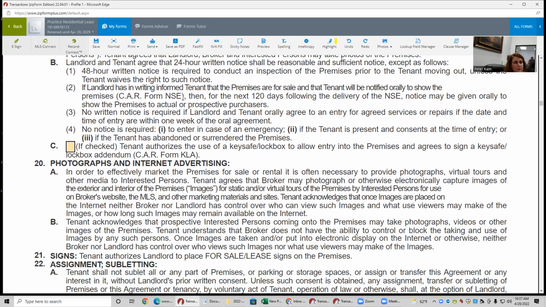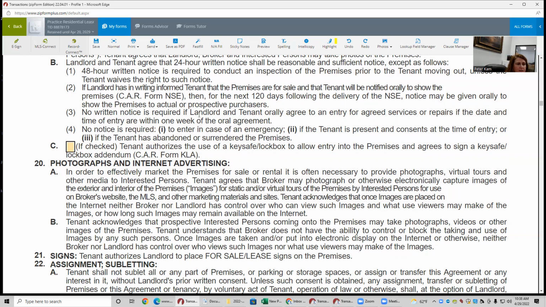So if a landlord puts a building up for sale, they will need to provide the tenant with CAR form NSC. I will show you at the end what that is. And then that gives the right to the landlord or the representatives to orally notify the tenants that they will be showing the property for the next 120 days to any prospective purchasers.